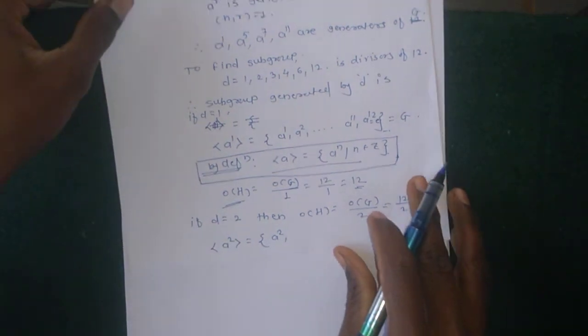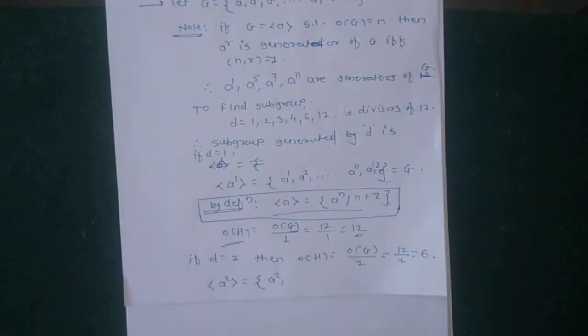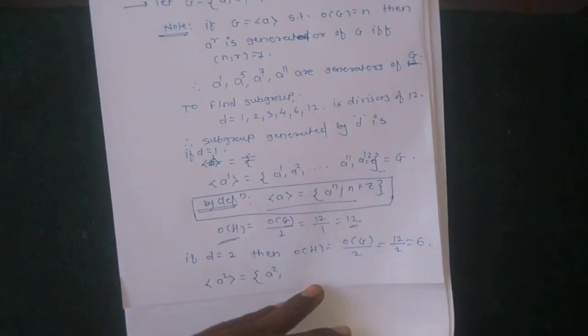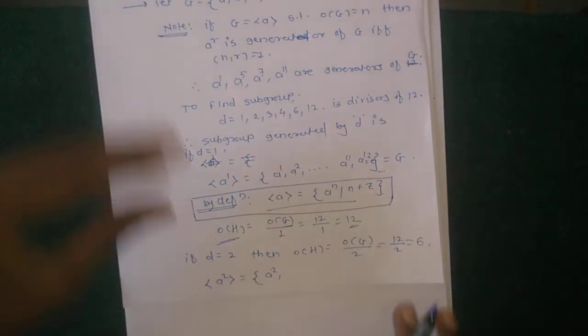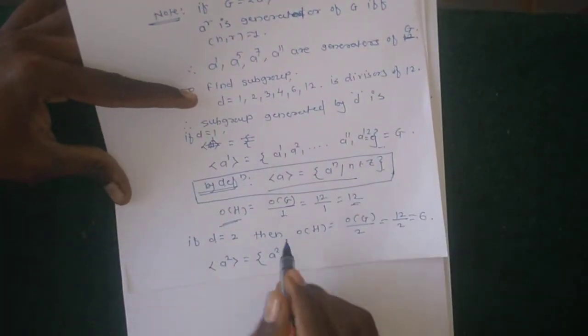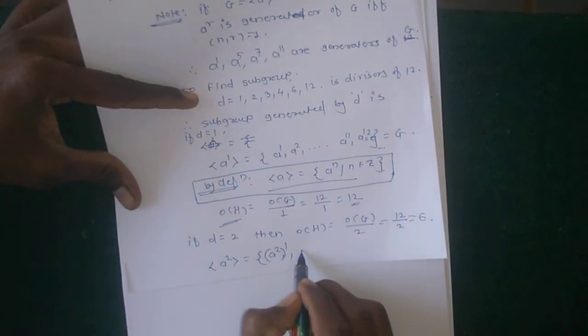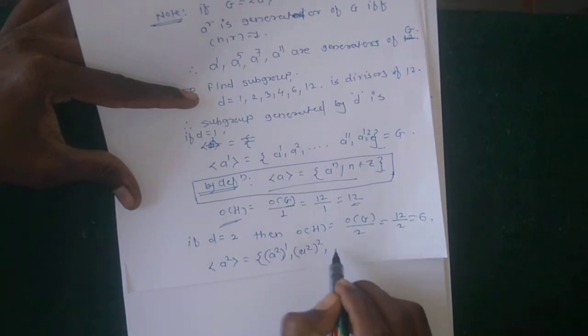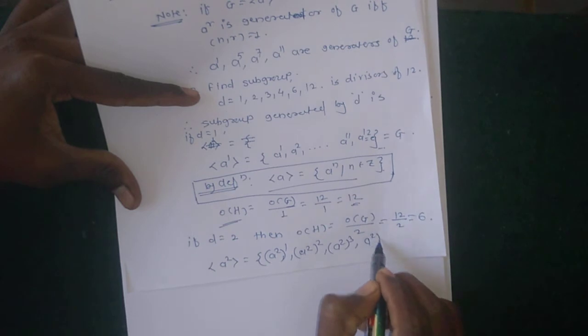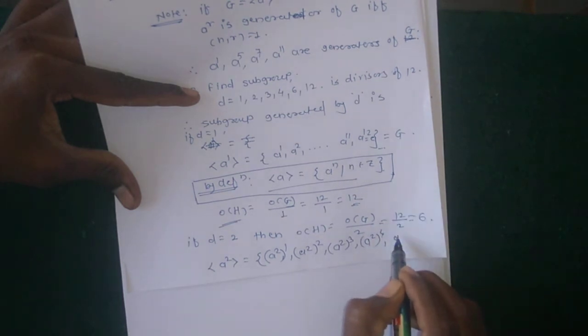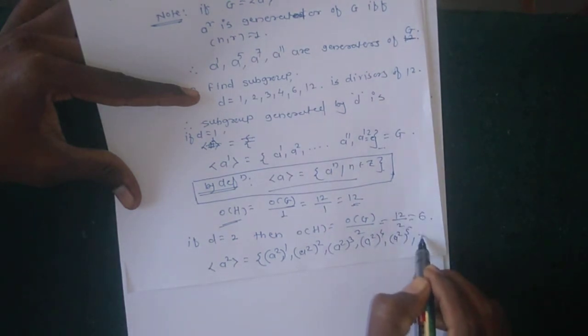Here, how to find the elements? A raised to 1, A square, A cube, A square raised to 4, A square raised to 5, and so on.